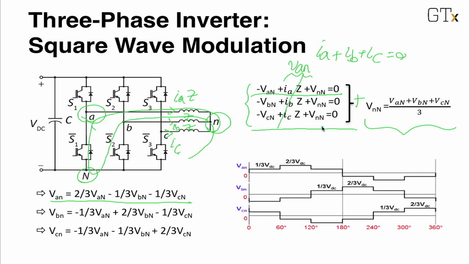Similarly, we can repeat the same procedure for the other two equations, and we come up with the expressions for the phase terminal with respect to the load neutral point in terms of phase terminal with respect to the point N, which is the reference. And by having these expressions, we can come up with the voltage of each terminal with respect to the load neutral point, which is a staircase waveform, as you see on this slide.